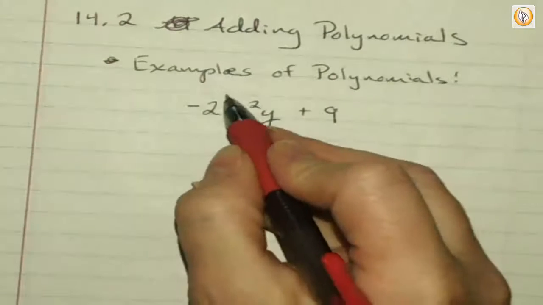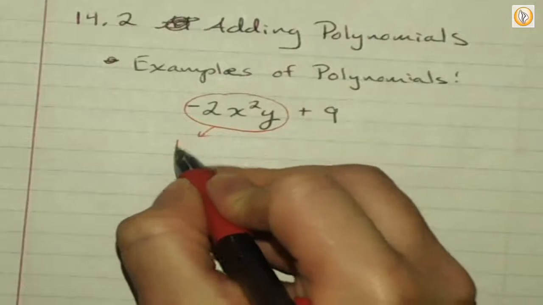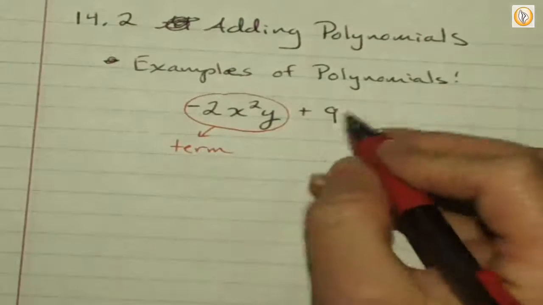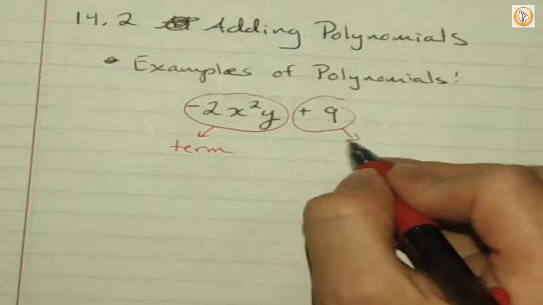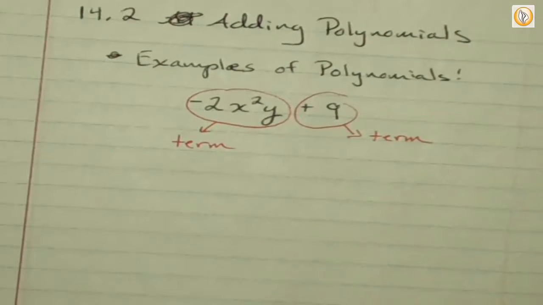This whole thing is called a term. This is also a term. So how many terms are in this? 2. And that's actually called a binomial, but you don't need to know that right now.